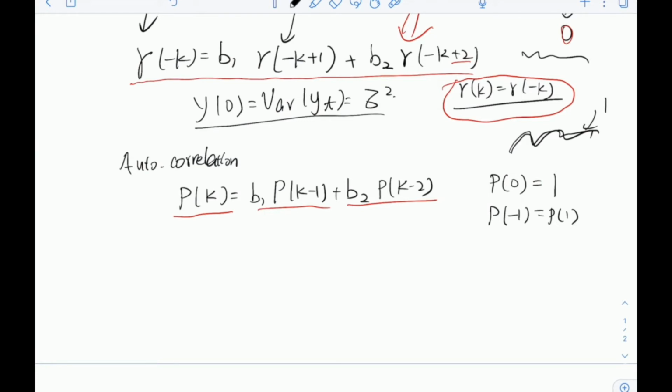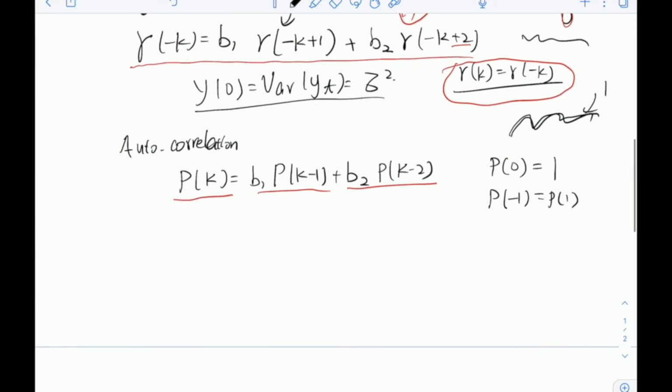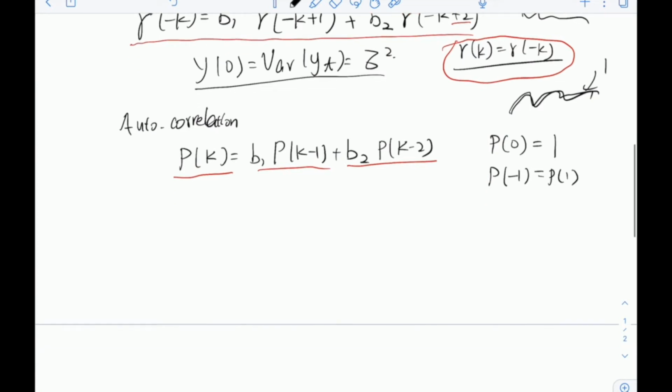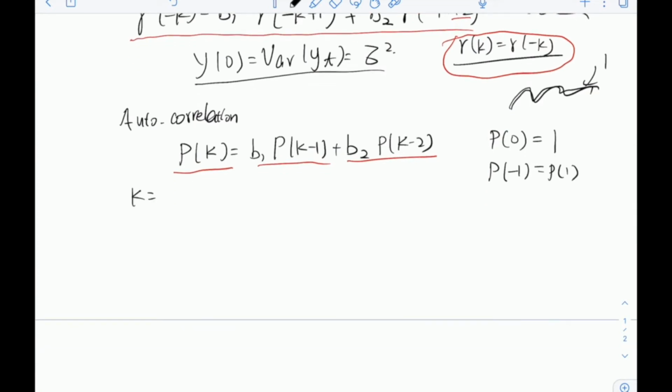If you move 1 here or 1 here, it will not affect the numerical value of the autocorrelation. So here, suppose k is equal to 1 and 2. We can get the autocovariance or autocorrelation formula for rho 1 as this, and rho 2 is like this.